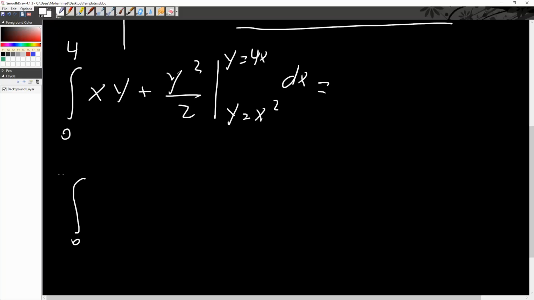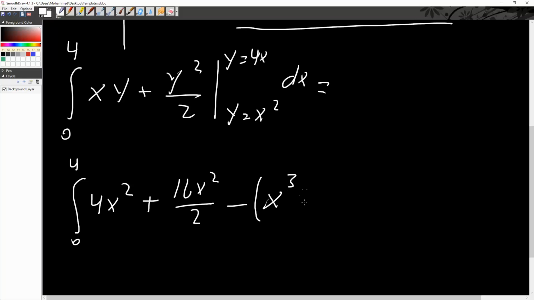When we plug in the values, we would get the integral from 0 to 4 of 4x squared plus 16x squared divided by 2, minus, we insert x squared, and we would get minus x cubed plus x raised to the 4th divided by 2, dx.